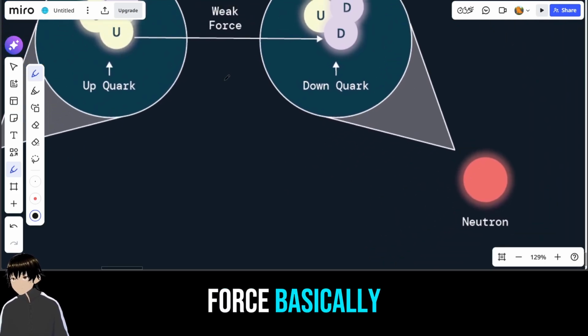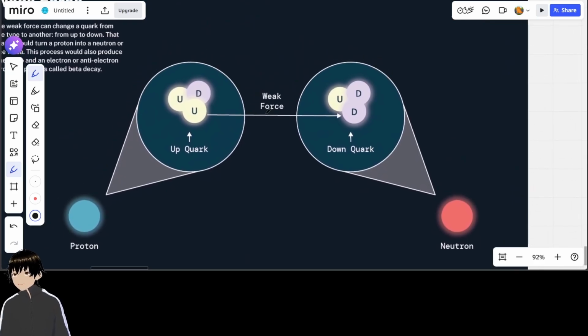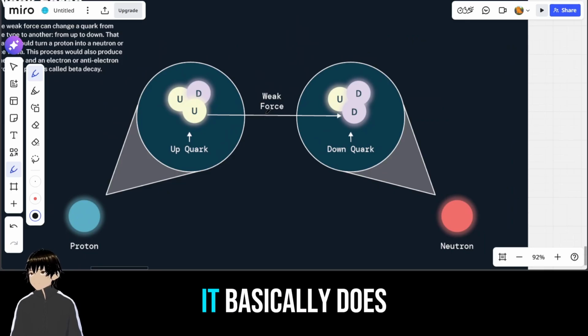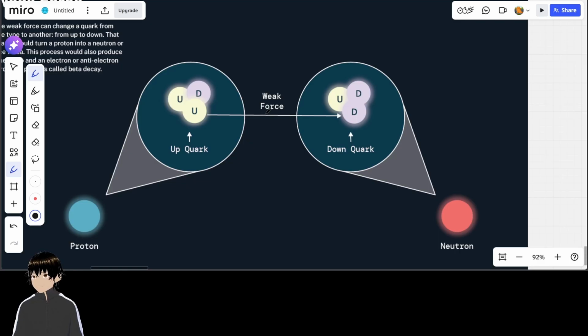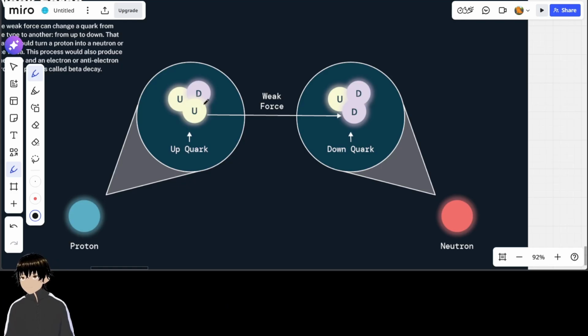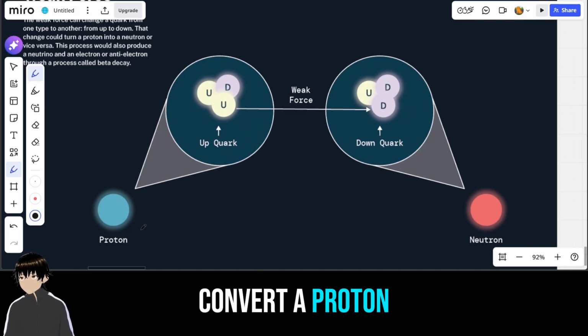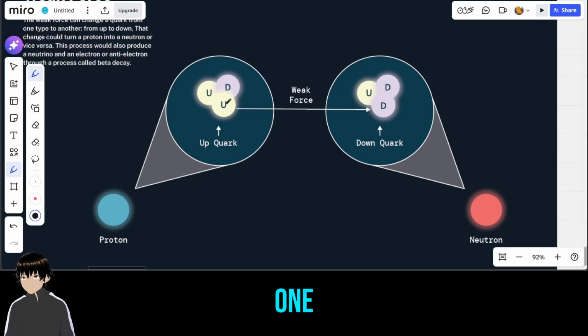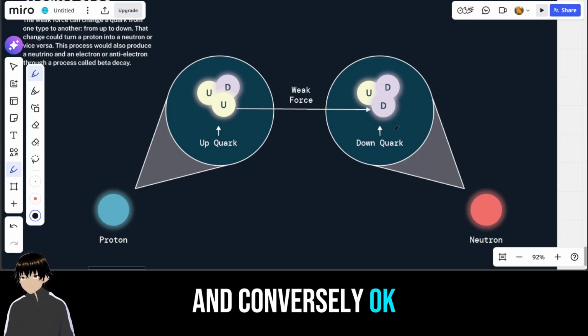So the weak force is basically a transformative phenomenon. It converts these quarks into these 2 patterns. It can convert a proton into a neutron by changing 1 up quark to down, and conversely, vice versa.